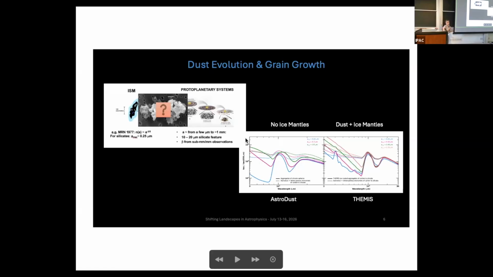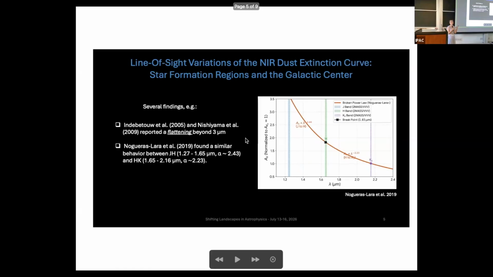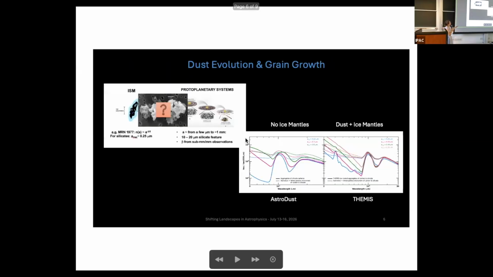How do we interpret this, and why is it so important? It is a sign of dust evolution and grain growth. Dust extinction is a way to probe the grain size distribution. In star-forming regions, grains start growing in very dense regions, and of course, bigger grains absorb more radiation, so that's why there is this flattening.